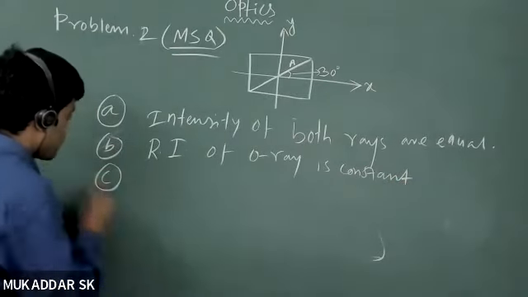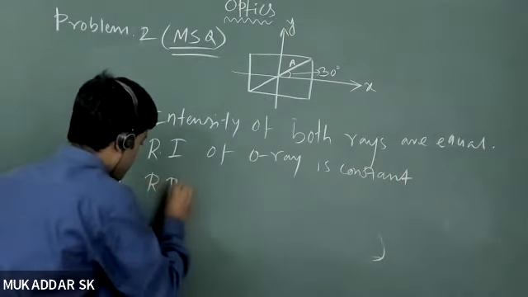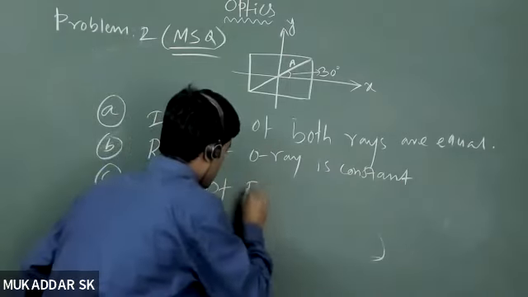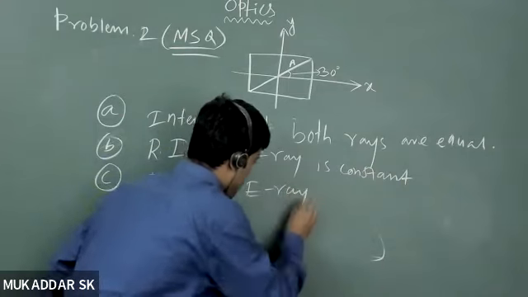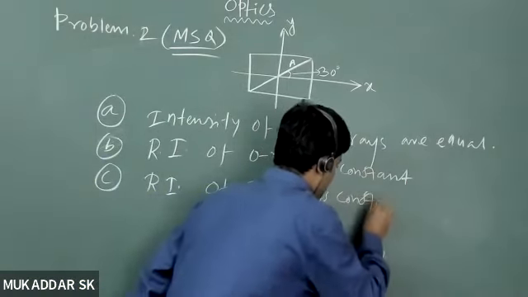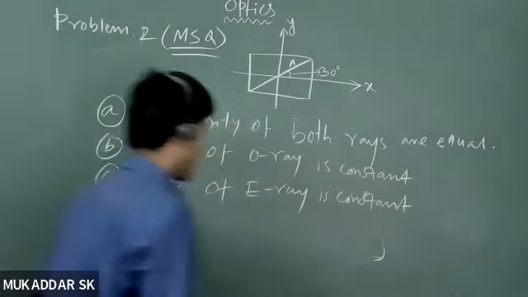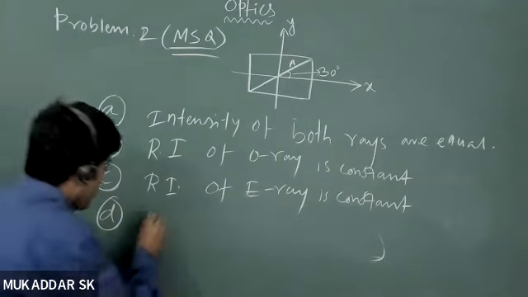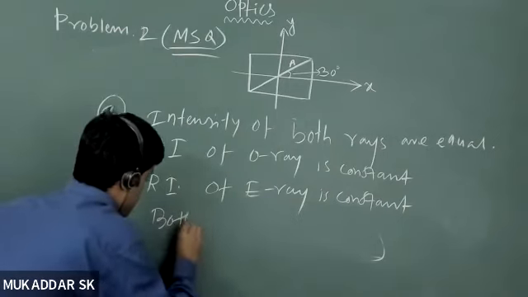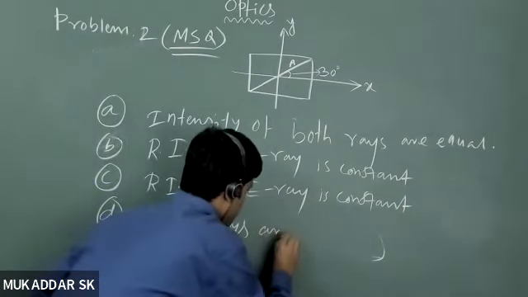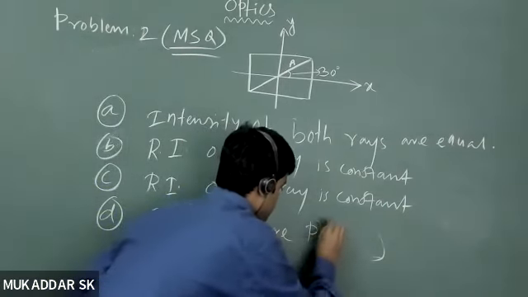Option C: refractive index of E ray is constant. And option D: both rays are polarized.